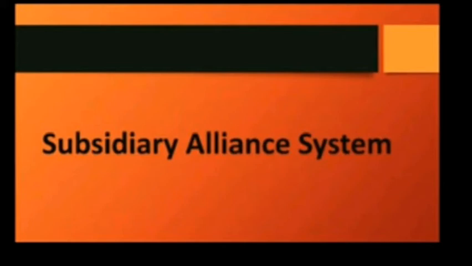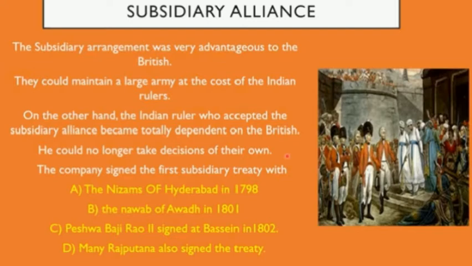The Britishers promised the Indian ruler that they will protect the ruler from any kind of internal rebellions as well as from any kind of attack by the rivals. Rival means the competitors, other rulers in India.